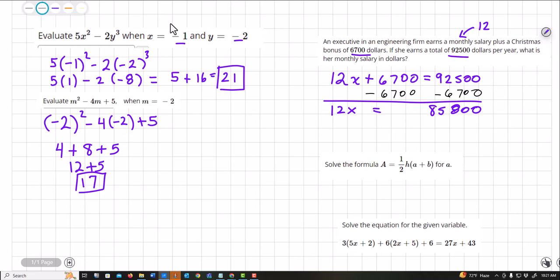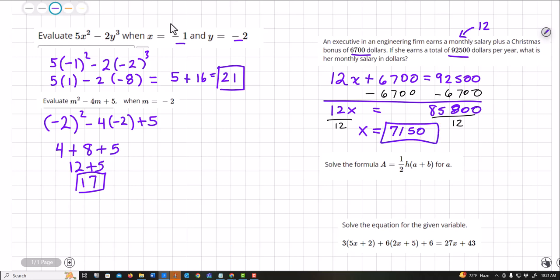And now finally from here, I am going to divide both sides by 12. So X equals, pick my calculator up again and divide by 12, and I get 7150. So that's their monthly salary.